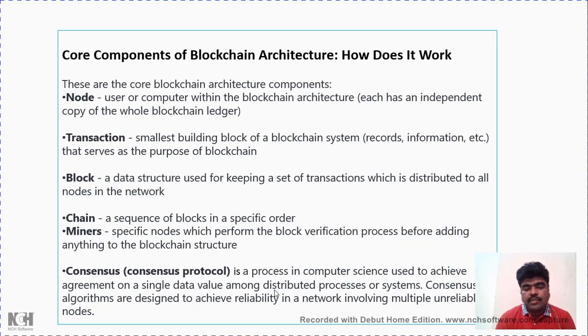That single data value is verified, authorized, and agreed upon, and only then is the transaction authorized and correct. Consensus algorithms are designed to achieve reliability in a network involving multiple unreliable nodes. If any block is changed or altered, the hash value immediately changes.